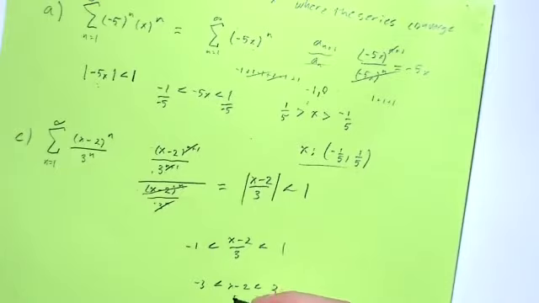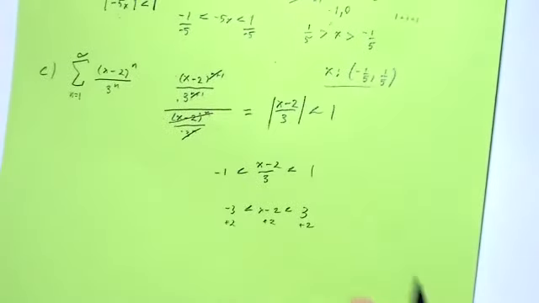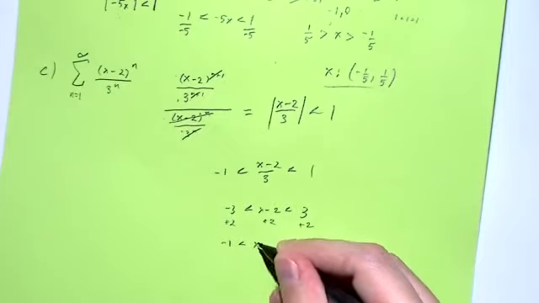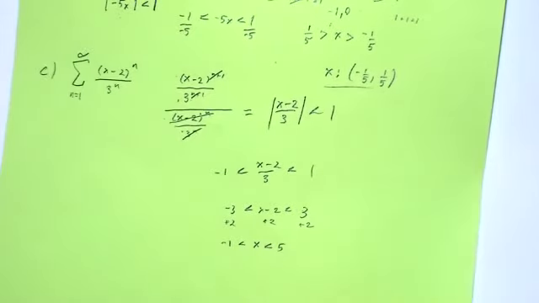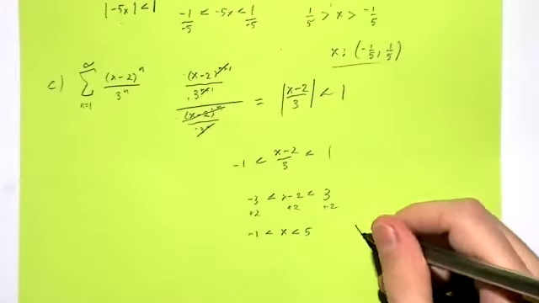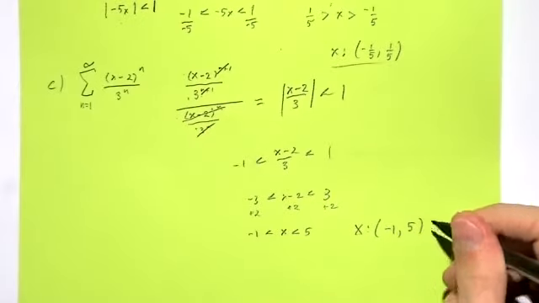And then we just add 2 on all sides. And that gives us -1 is less than x, which is less than 5. And that's where we converge. So we get x between -1 and 5.